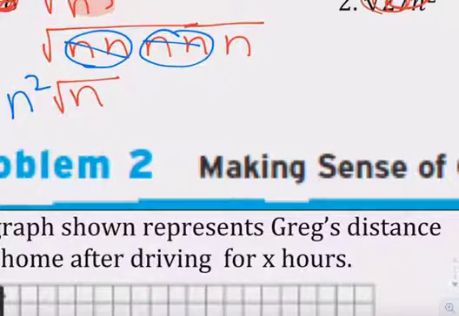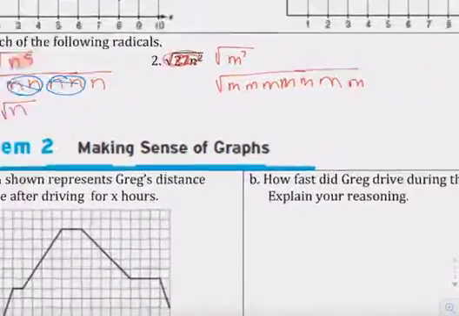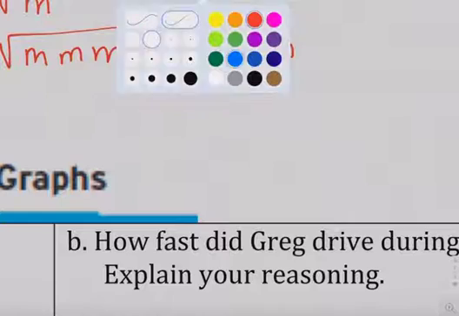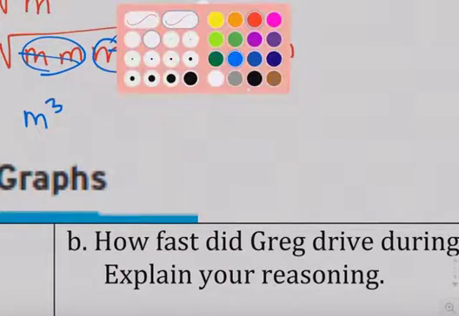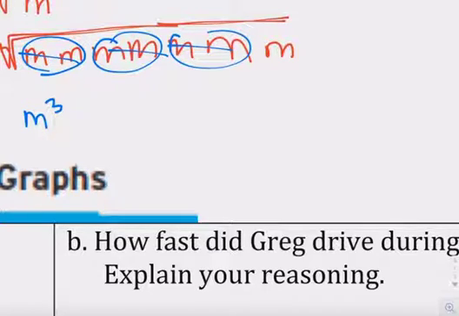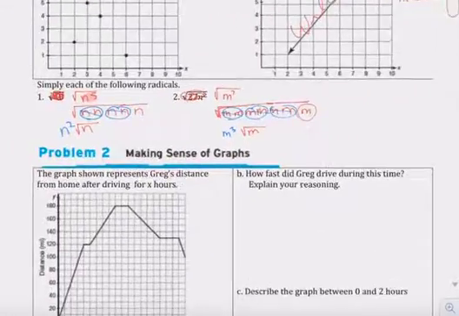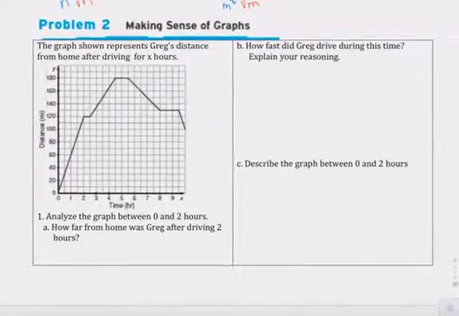Here you have 3 pairs, so m to the 3rd. I draw the radical sign that's still here, and the m that's still inside. That's your answer.